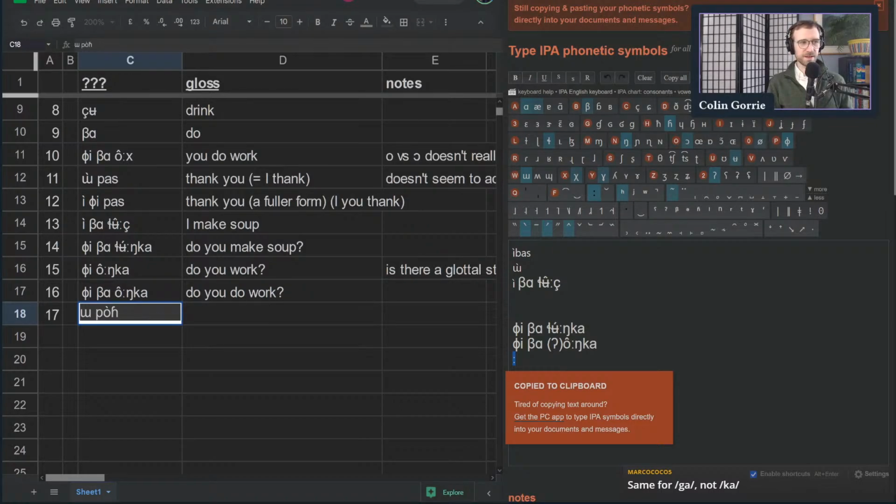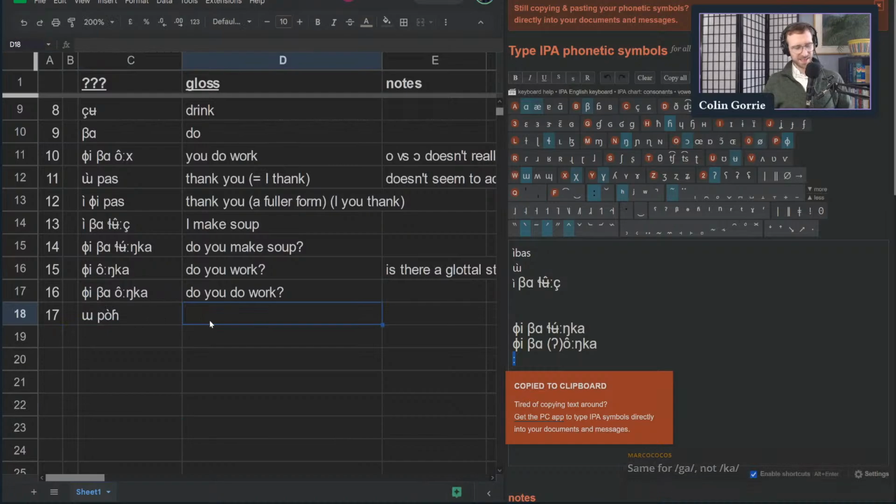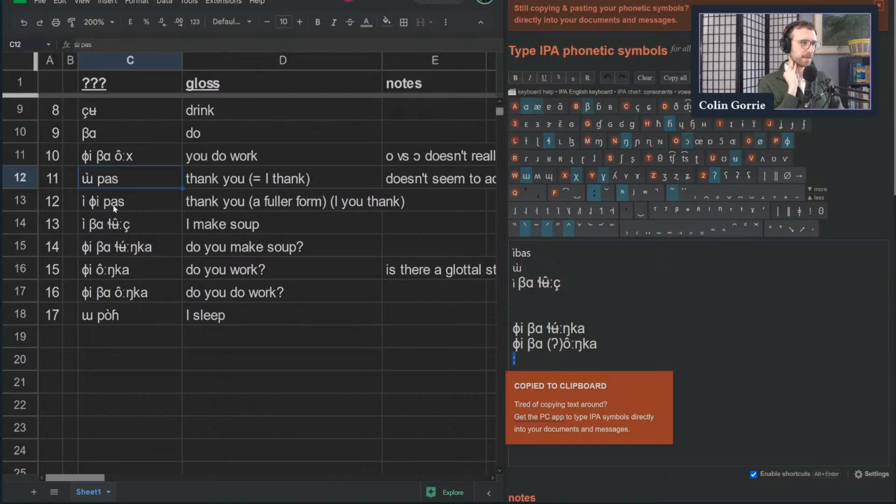Okay. Sleep. A question from the chat from Mateo. If I said ifipanka, does that make sense? Well, you wouldn't say that because that means, do I thank you, right? It's an awkward sentence. It literally translates to do I thank you.